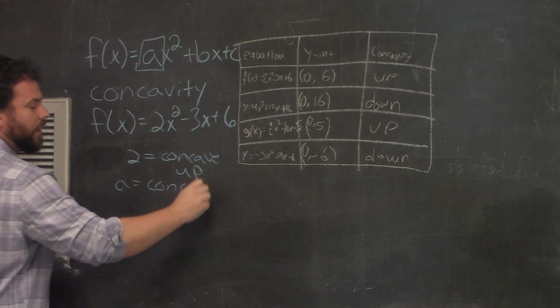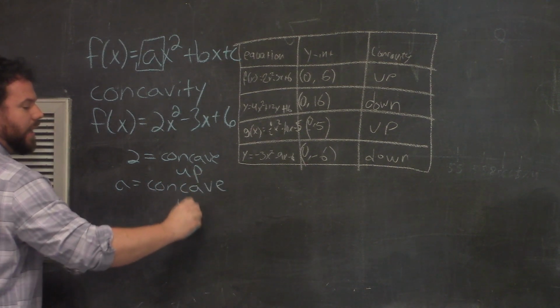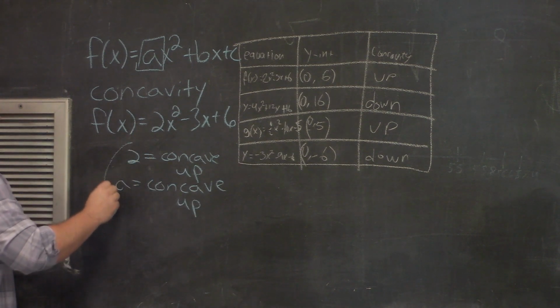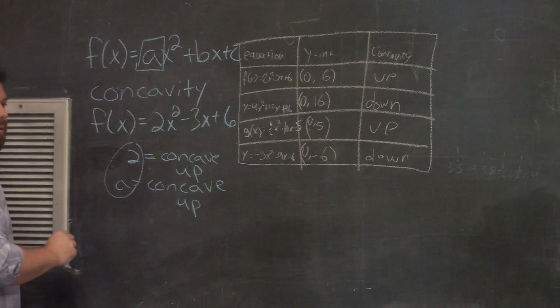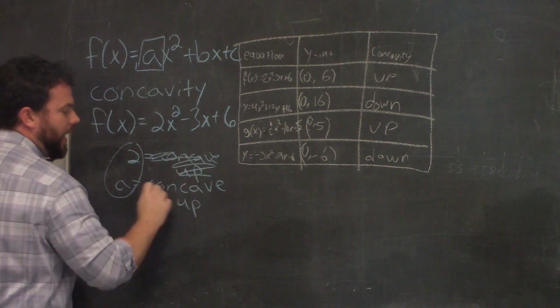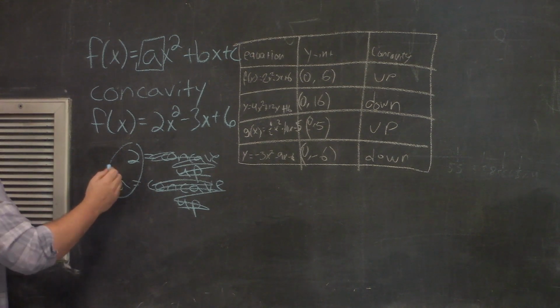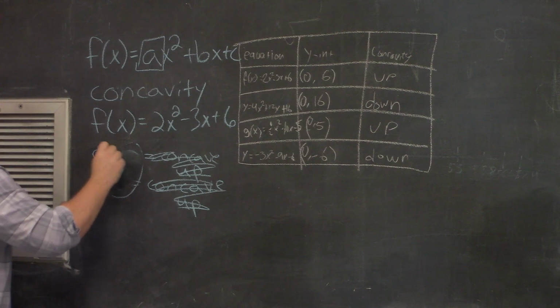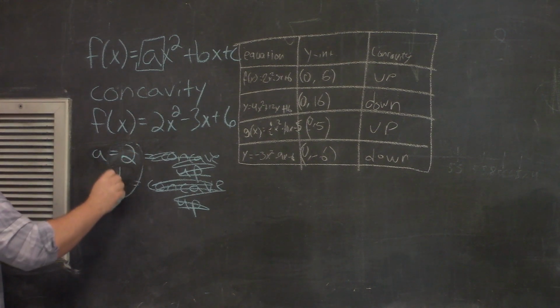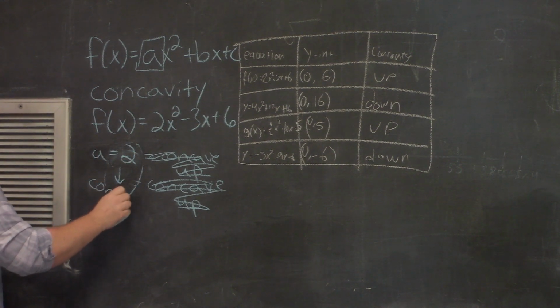But what is A? A is not a concavity. A is a number. It tells me my concavity. A is 2. Because A is 2, the parabola is concave up.